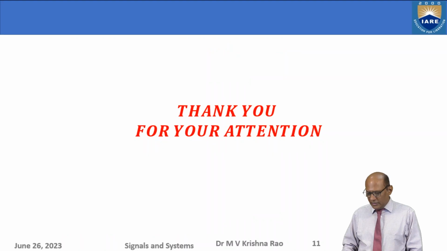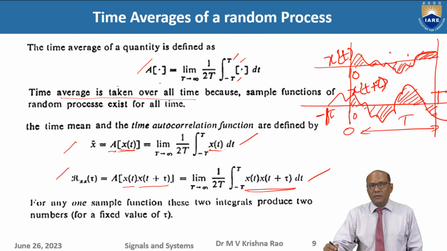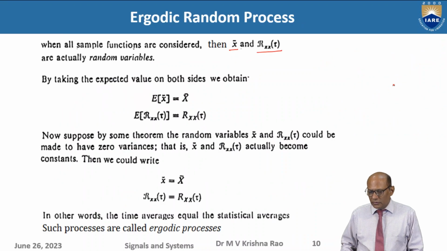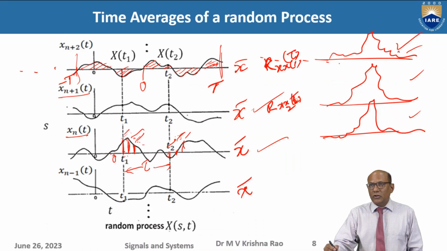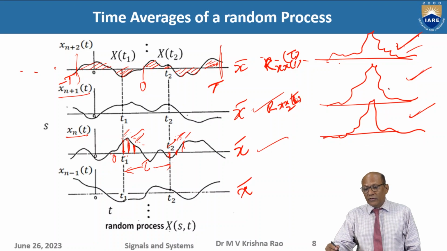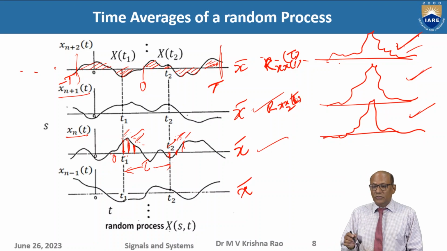So for example, here, this is the autocorrelation function, and this is random. That means this has a different shape, this has a different shape, this has a different shape. Like that I have infinite time functions and infinite autocorrelation functions. So these are again random variables.